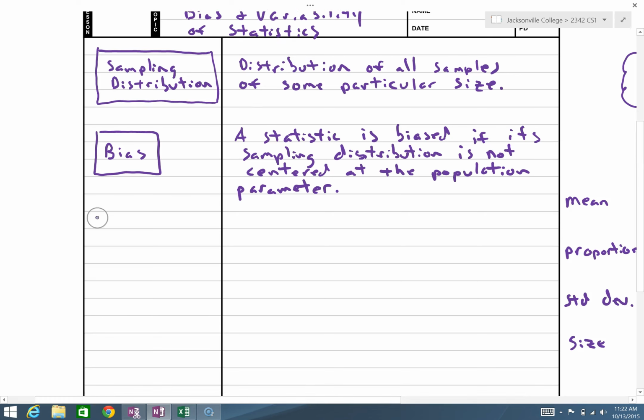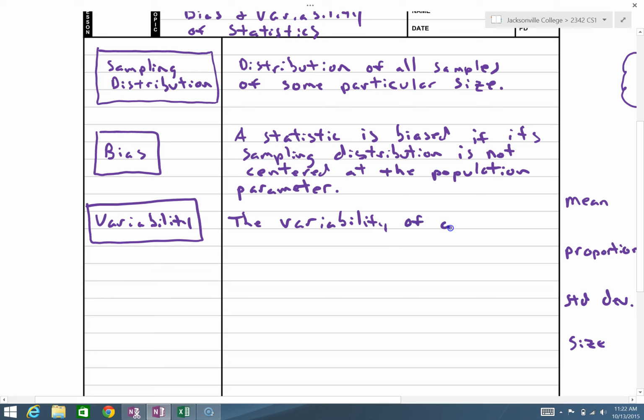Variability. The variability of a sampling distribution is its spread.